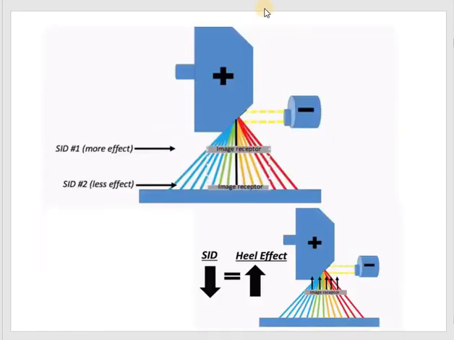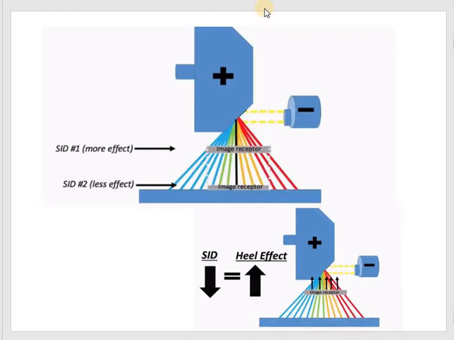Now that we fully understand what anode heel effect is, what its effects are, how can we have a solution to overcome this? Almost all modern diagnostic X-ray machines exhibit heel effect to some degree because the anode is designed at an angle. It affects the image quality, and this can be avoided through many considerations.